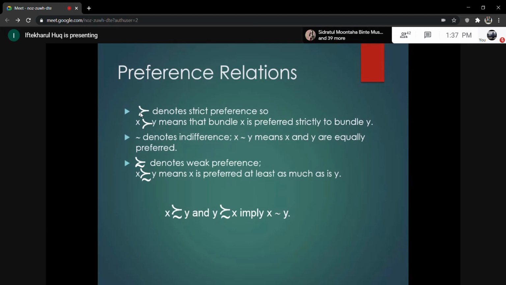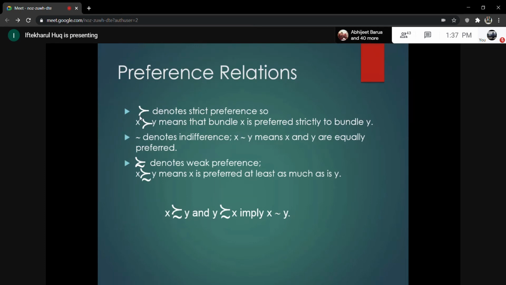But whenever I'm talking about two bundles and my preference, I'm not really talking about two numbers. I'm just saying that I like this more than that. So to represent that, we use this curly greater than sign, not the typical greater than sign.